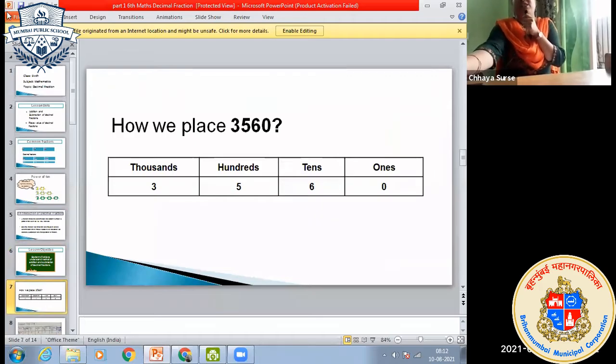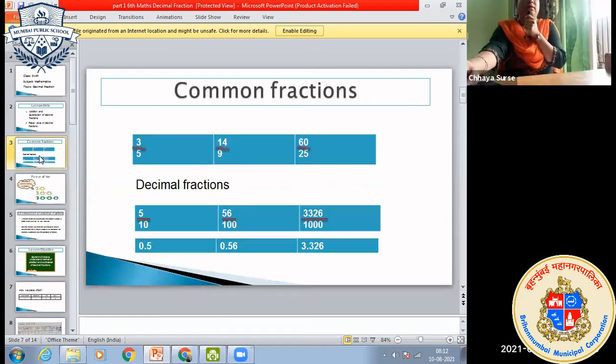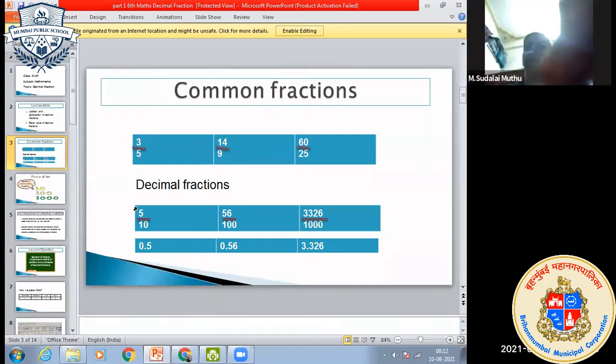Now next, how we place. So this is a common fraction, in the common fractions 3 upon 5 is a common fraction, and these are the decimal fractions.